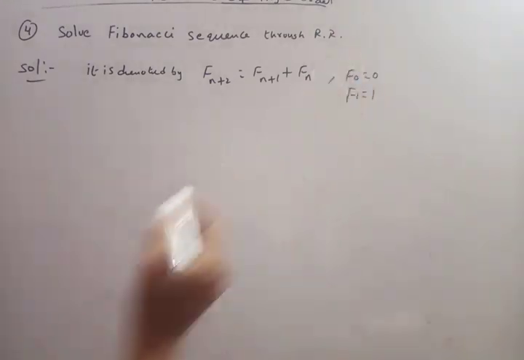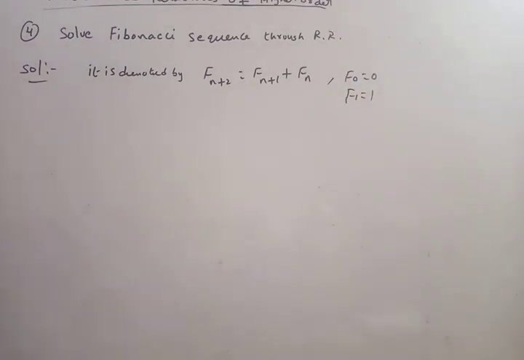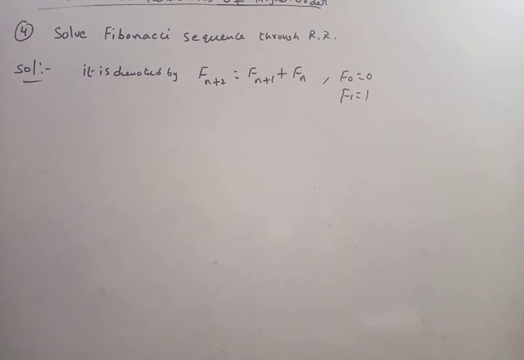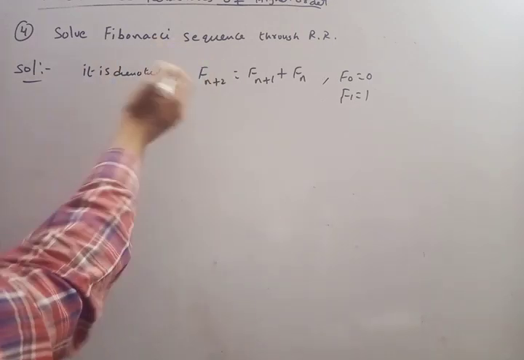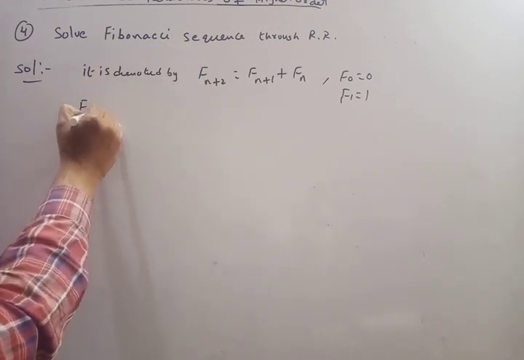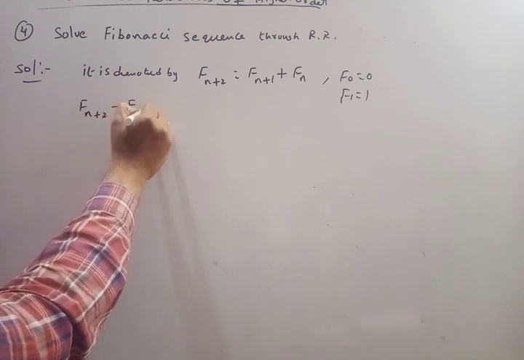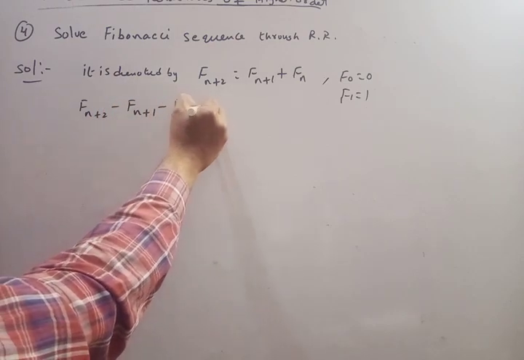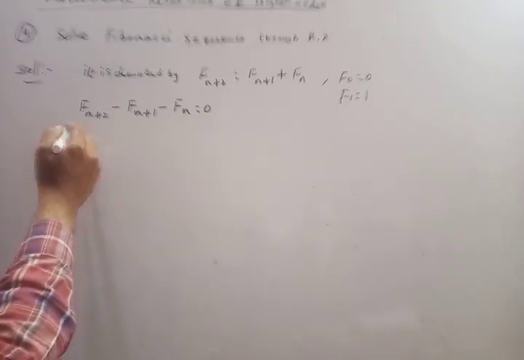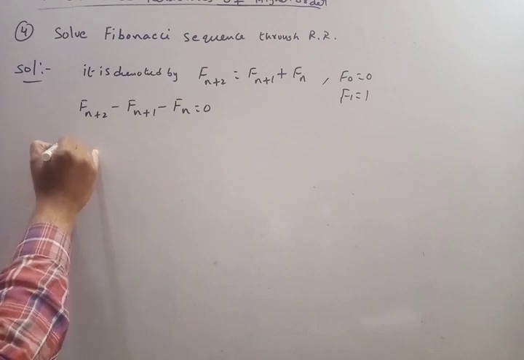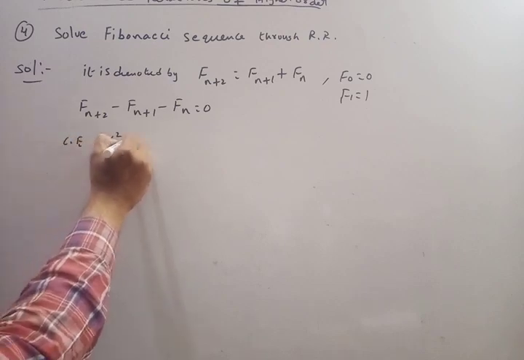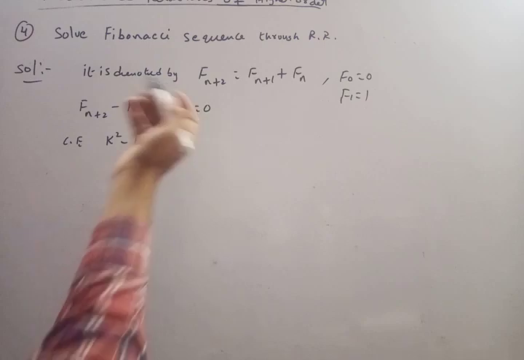and f1 is equal to 1. F naught is equal to 0 and f1 is equal to how much? 1. Now how to solve? This can be written as fn plus 2 minus fn plus 1 minus fn is equal to 0, second order, right? So the characteristic equation is k square minus k minus 1 is equal to 0.